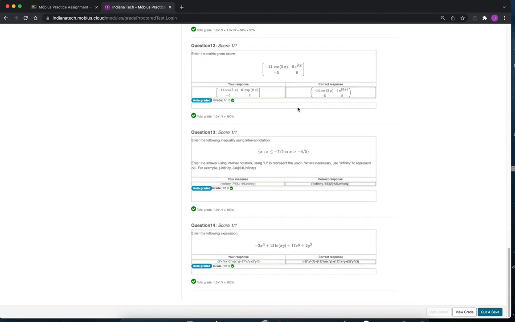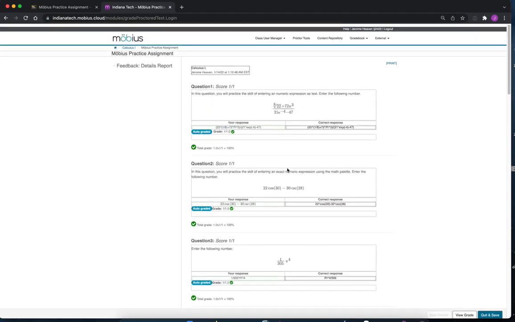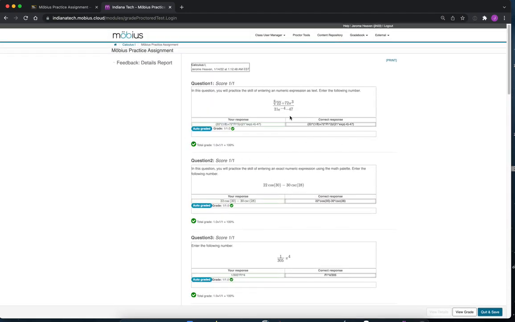So nice kind of summary of the assignment. If you wanted to print something like this, you could just hit the print button, and it will bring up the print dialog, and you can save it as a PDF. I'm not going to do that.